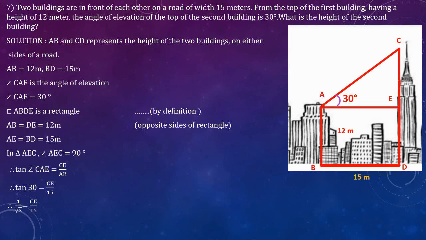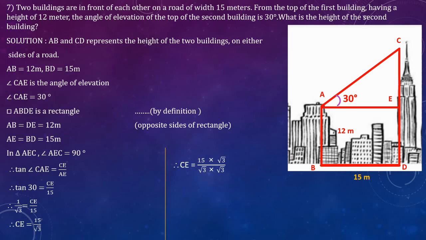Let us substitute it here. Therefore we get 1 upon root 3 is equal to CE upon 15, so CE is equal to 15 upon root 3. In the denominator, we should not keep root 3, so we multiply the numerator and denominator both by root 3.